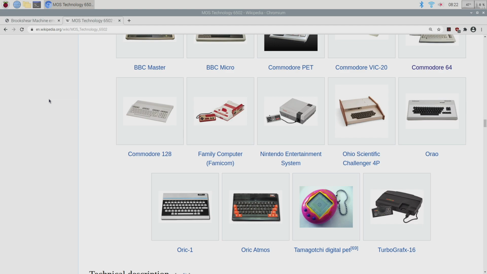So the Famicom and the NES: the Famicom was the Japanese release, and then they redid it for an American audience and released that as the Nintendo Entertainment System. But also the Tamagotchi, right?